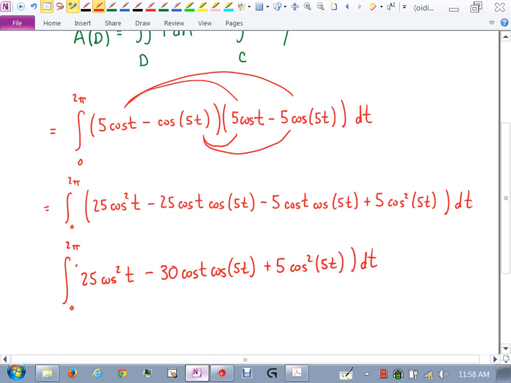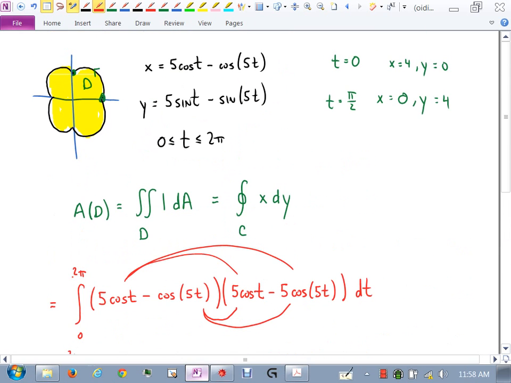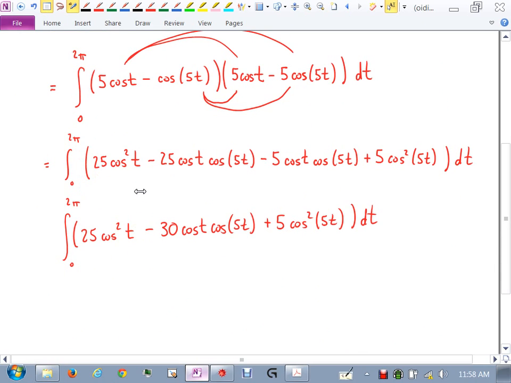And you might be saying to yourself, well, that looks kind of ugly, right? But I would argue that that's a lot better than you trying to come up with some sort of representation of D. I mean, this is a Cal 2 problem right here, right? Power reducing formula here, power reducing formula here. These two, I would probably use a product to sum formula from pre-cal, like how we turn products into sums. You could break this into two separate trig functions and then integrate each one by one.